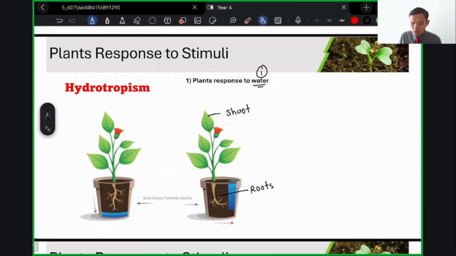So between shoots and roots, which one will respond towards water? The answer is roots. The roots will respond towards water, meanwhile the shoot cannot respond towards water.